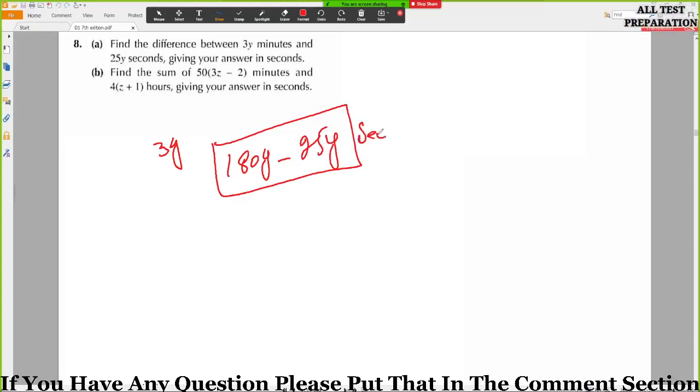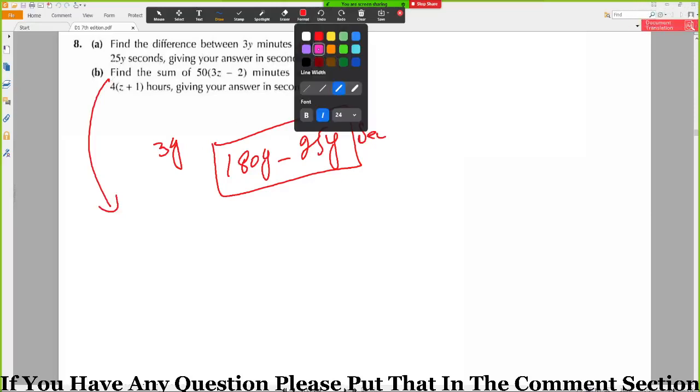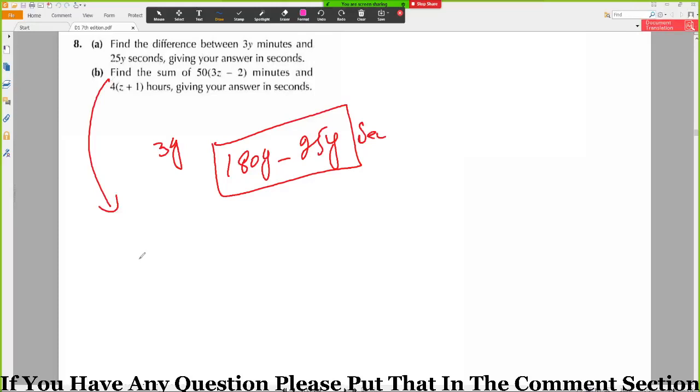Yes. Okay, part B. Find the sum of this minute and this hour, give your answer in seconds. You have to times it by 60, the 3z minus 2, and then add that to 4z plus 1.